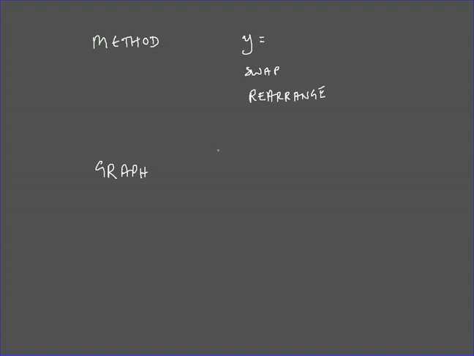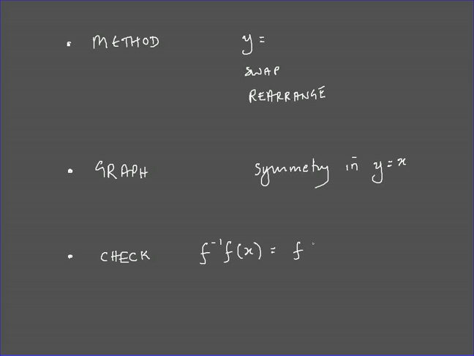We will see a symmetry, and that symmetry will be in the y equals x line. So we've got a method, we've got a very key point on the graphs, and we've got a variety of checks, one of which is that f to the minus 1 of f is going to give us the same result as f of f to the minus 1 of x, which will always give us the x, and that is our check, and that is our inverse functions.